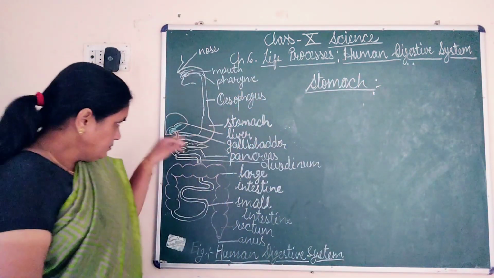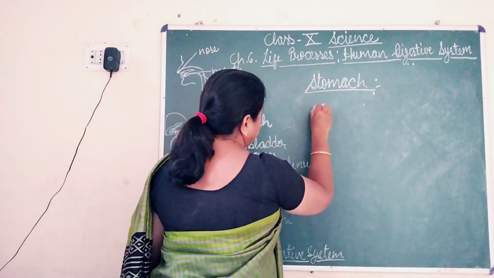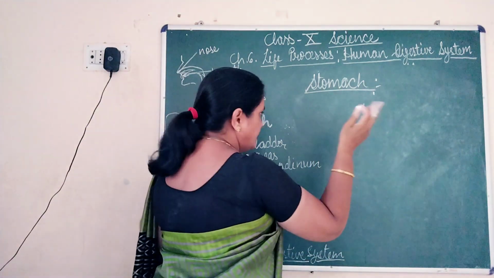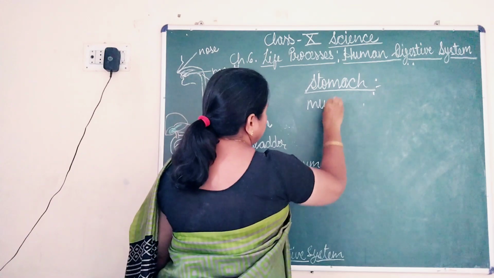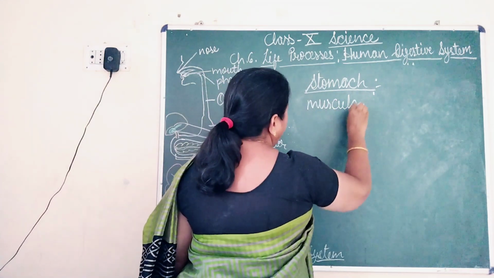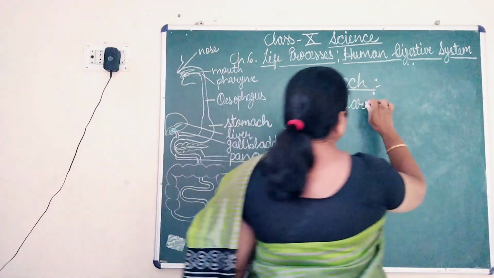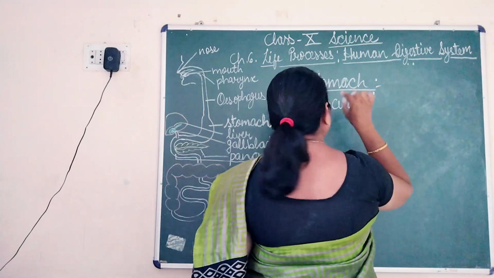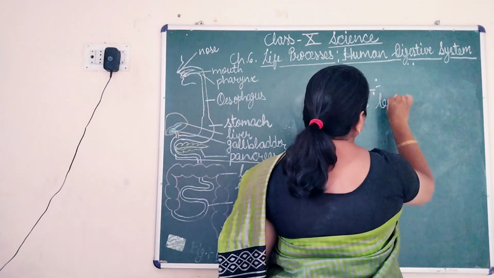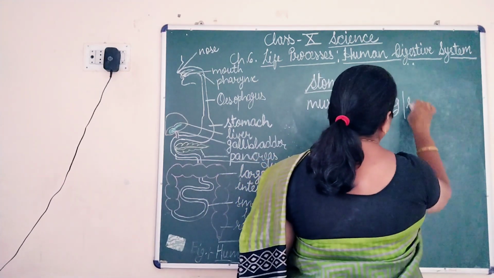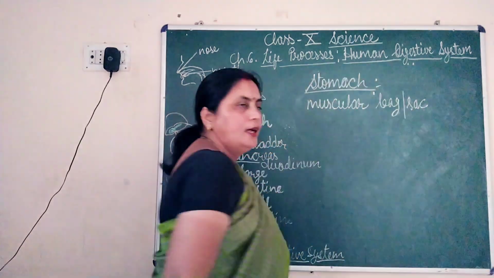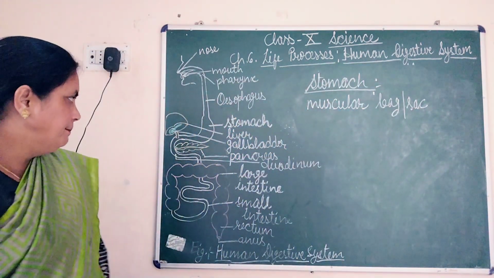Stomach is a sac-like structure or a bag-like structure, and this sac or bag is provided with a lot of muscles in its wall. So we can call it a muscular bag or muscular sac. Okay.